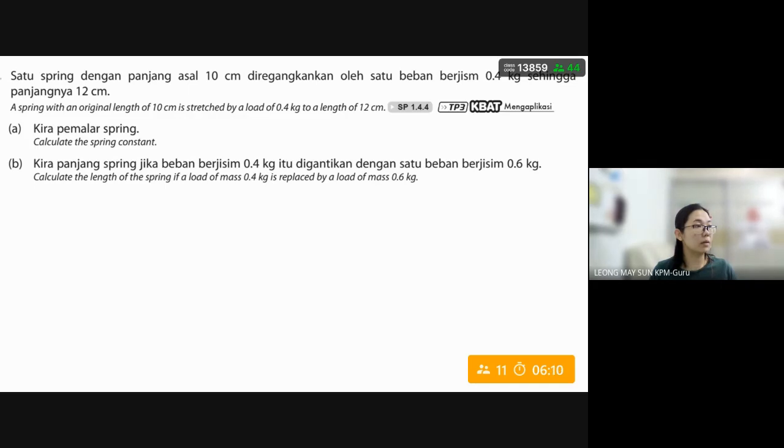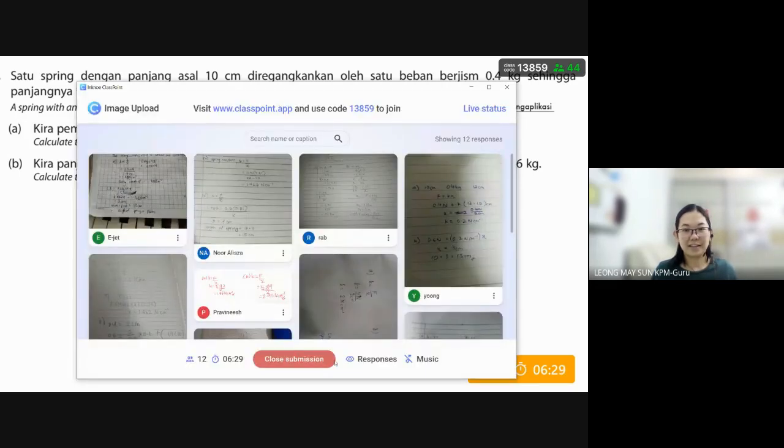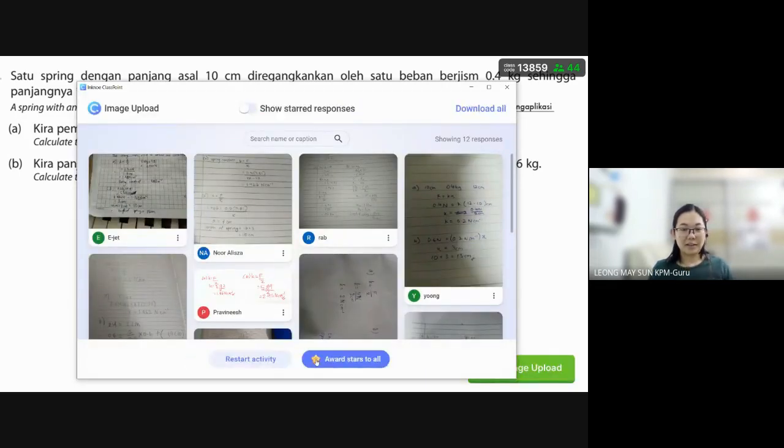That's why sometimes when you take the photo, the center is bright and the side is dark. No worries, Rob. All right, so I've already exceeded my 6 minutes. Okay, so I have closed the submissions.